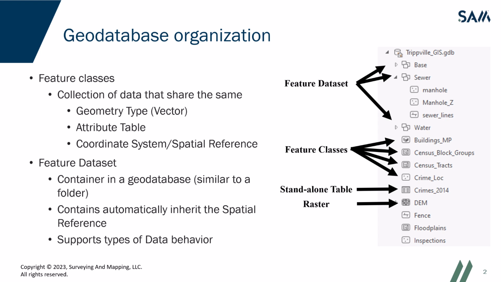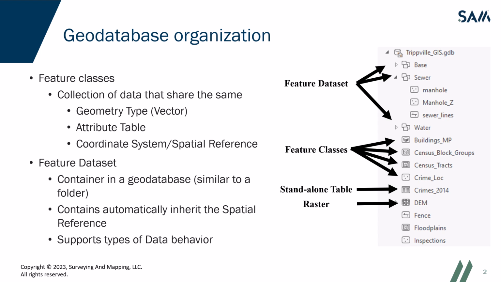So anytime I generate a new feature class within that feature data set, for example in the sewer feature data set, if I were to add a new feature class called lift stations, I wouldn't have to assign the new lift station feature class a coordinate system. It would automatically inherit that from the sewer feature data set. And that's important because then I can add behavior to the feature classes that are part of that feature data set. And we'll talk a little bit more about behavior in just a little bit.